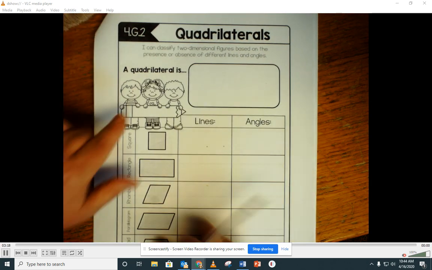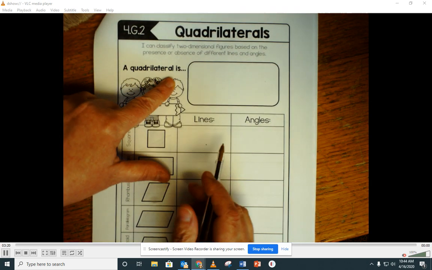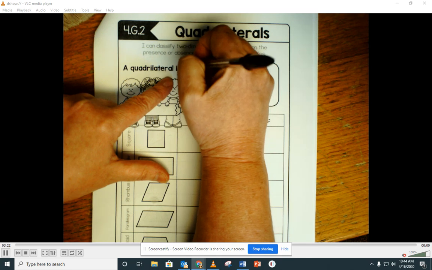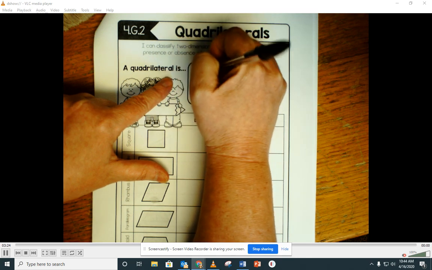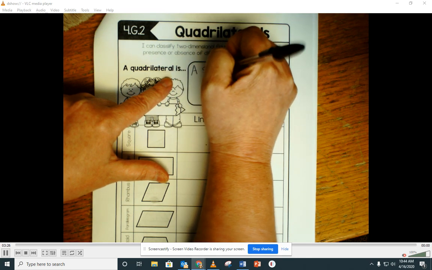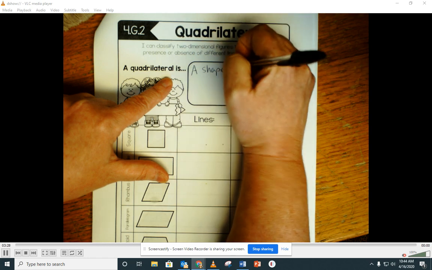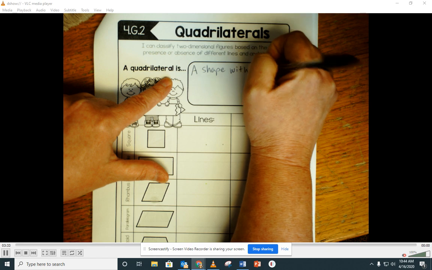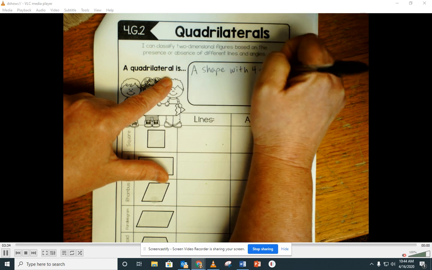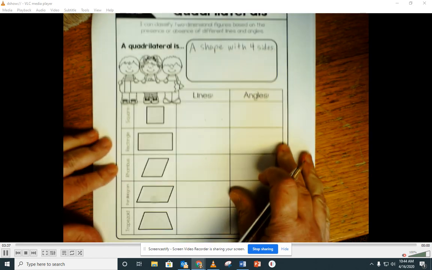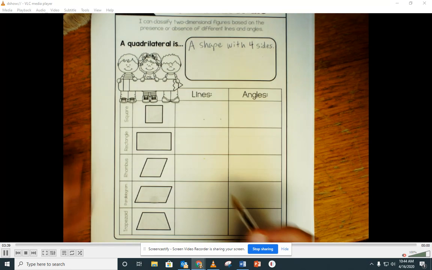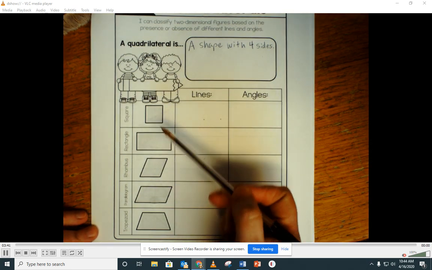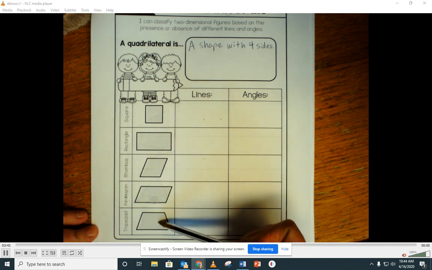A quadrilateral is a shape with four sides. In our pictures down here, we have different types of quadrilaterals. It's any shape with four sides.